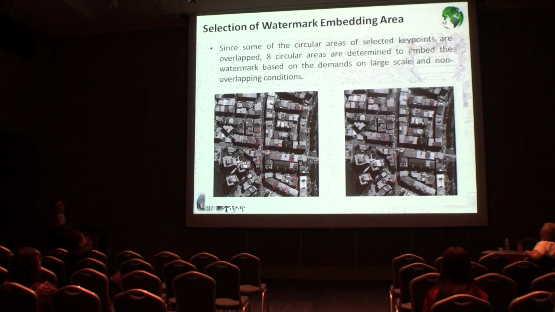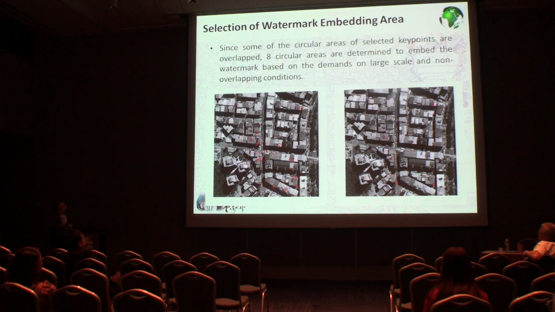And this is a result of the feature points from the SIFT algorithm. And the circle means the selection area. We will put the digital watermark into the circular area. But you can find there will be overlap between the two different feature points. So we also have a criterion to remove the overlap.